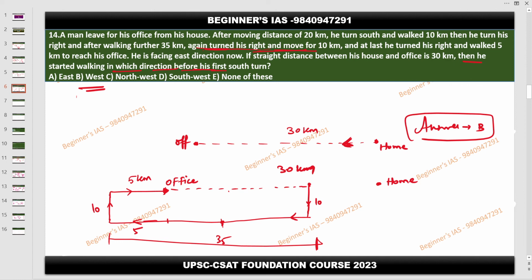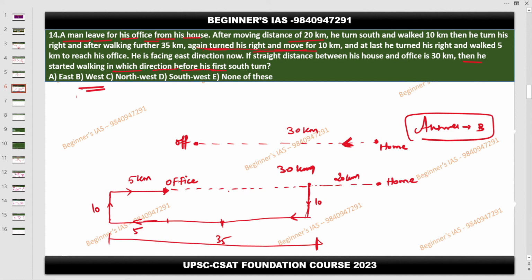So now I am just moving with the first statement. A man leaves for his office from his house and moves a distance of 20 kilometers. Listen carefully. Suppose I'm taking this as 20 kilometers. After moving the distance of 20 kilometers, he turns towards the south and walks here.